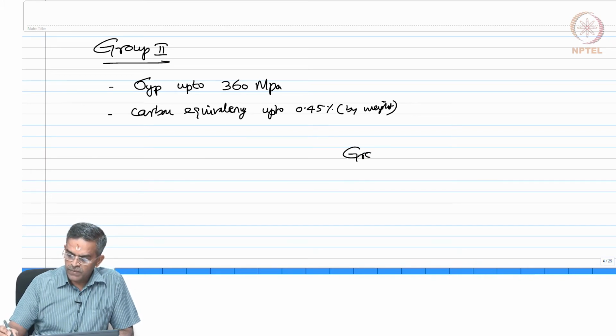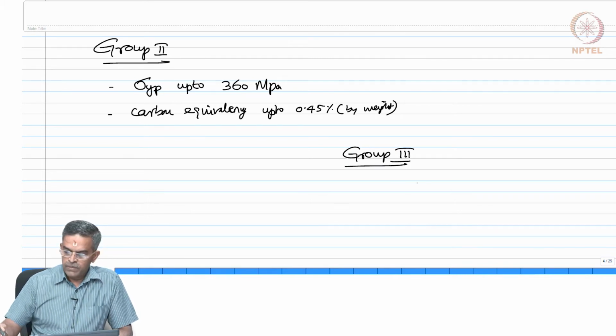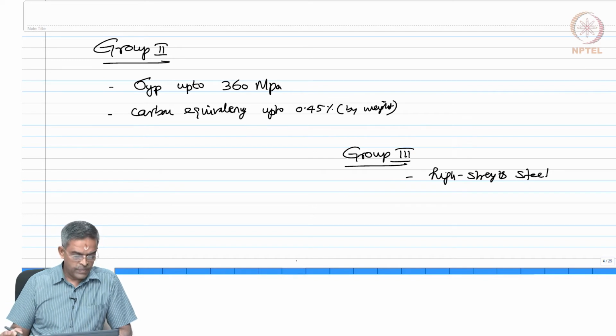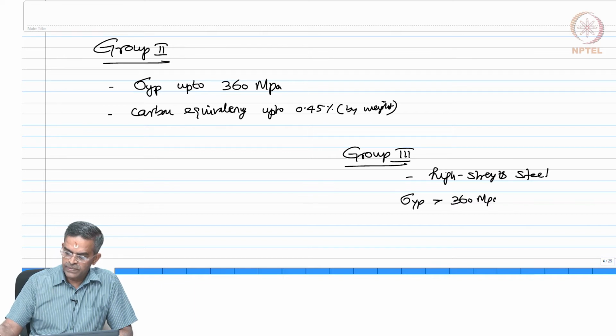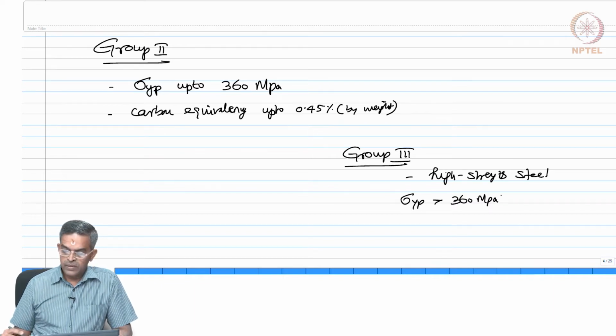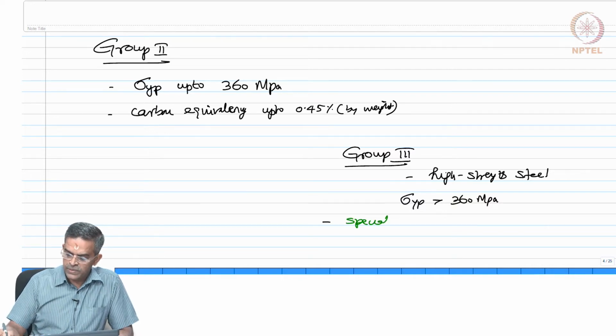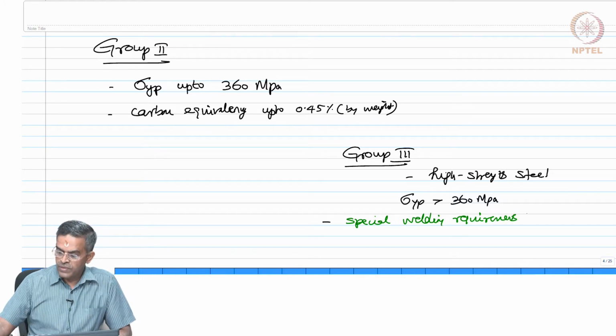Group 3 steel is also referred to as high strength steel in the literature. This has a yield value exceeding 360. Now, this kind of steel has special welding requirements, which are emphasized during fabrication.